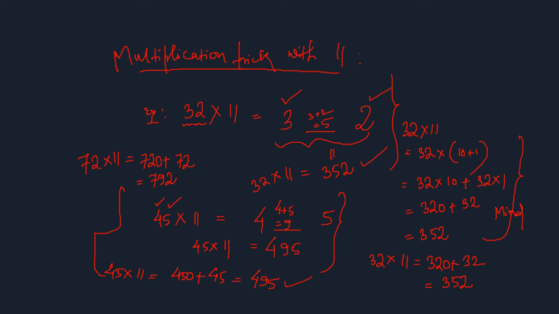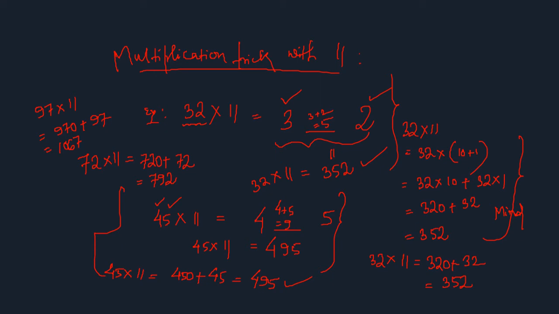Although this was easy as well, there can be numbers like 97. We multiply 97 by 10 to obtain 970 and then add 97 to it. Result we will obtain is 1067.